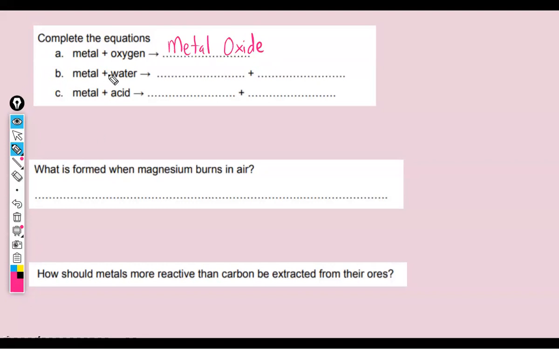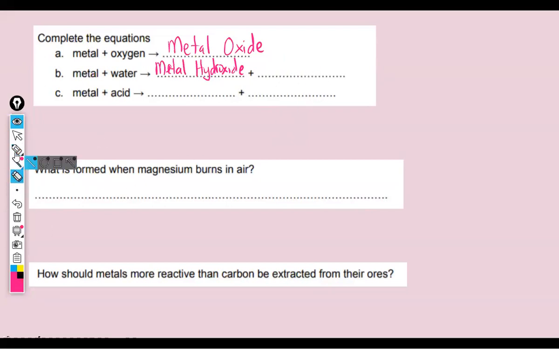A metal plus water is a metal hydroxide plus hydrogen gas. Everyone seeing this one? Metal hydroxide plus the hydrogen gas. Well, I should write it up.